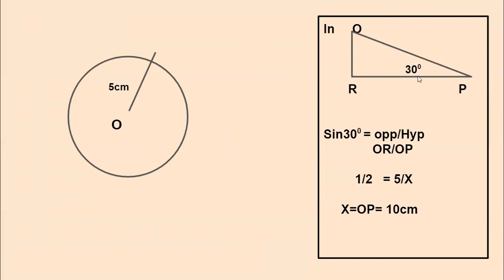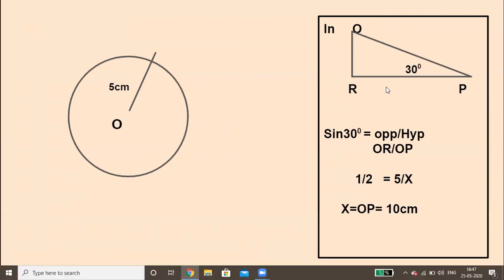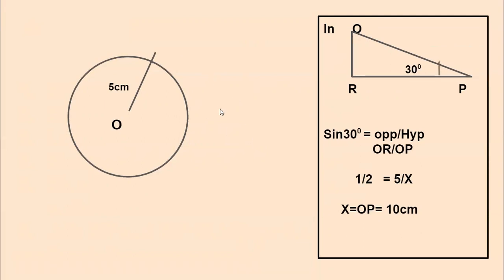This is the right angle triangle, where R is the right angle. So here 30 degrees is given, OR is given, that is 5 centimeters, the radius of the circle. The pair of tangents angle is 60, so half of that will be 30.